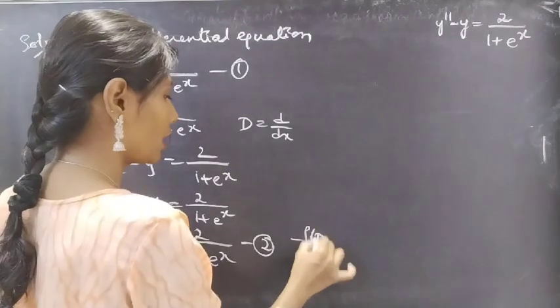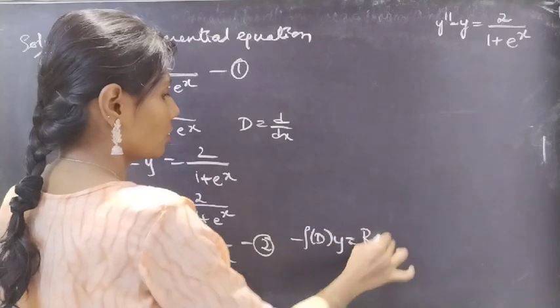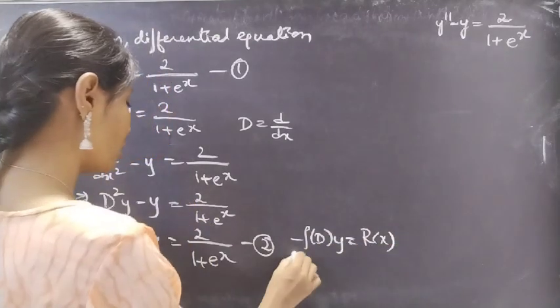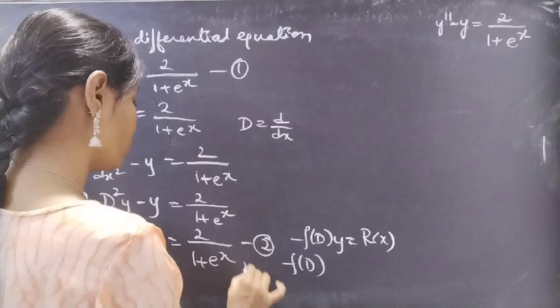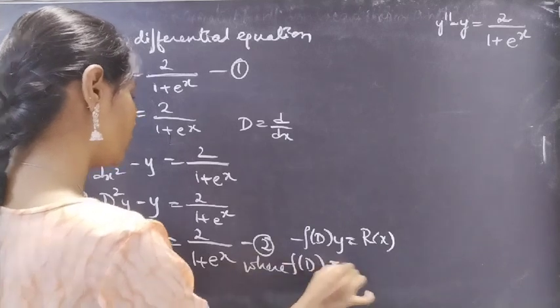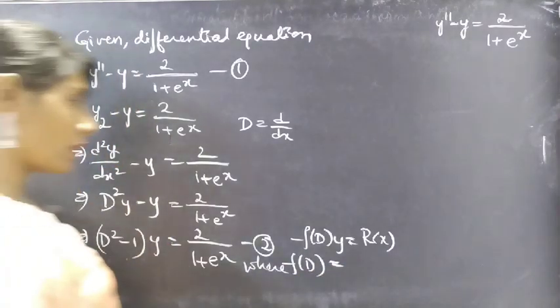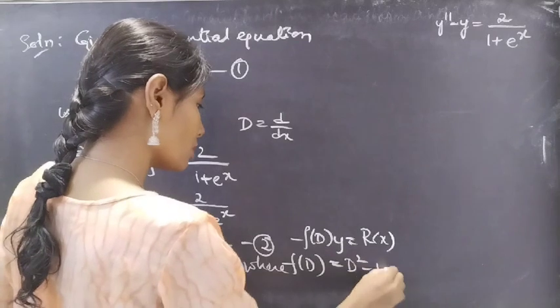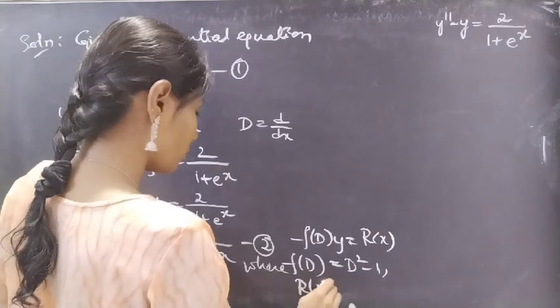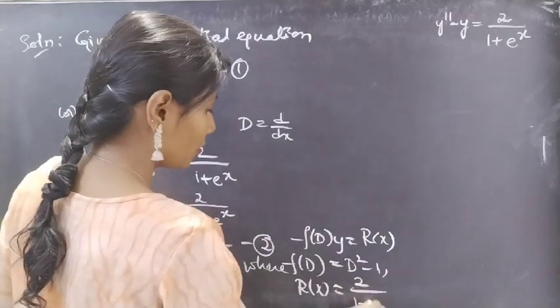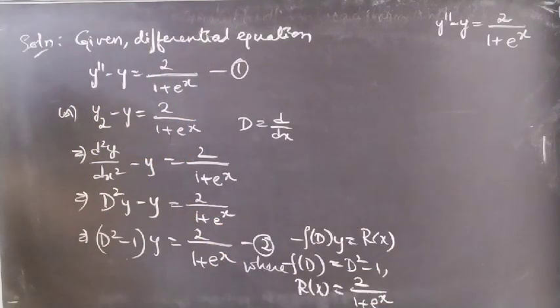Say f of d into y equal to some function of x, where f of d equal to d square minus 1 and r of x equals 2 by 1 plus e power x, right?